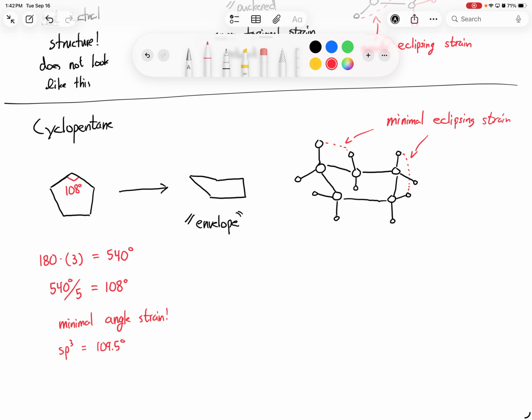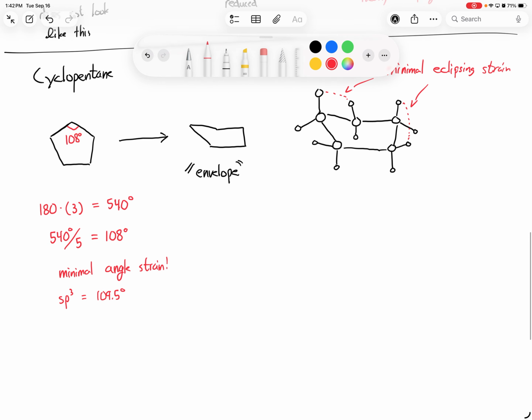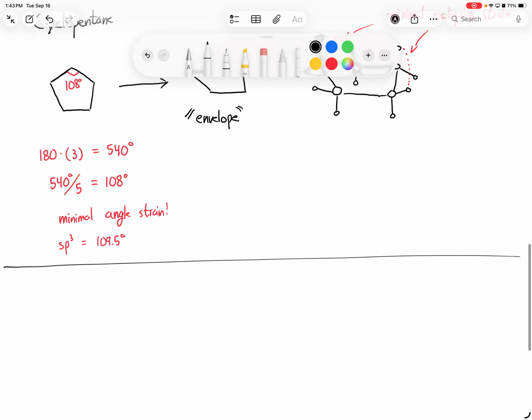There exists a structure, not cyclopentane, that is better and has virtually no strain. Which one is that? Cyclohexane. A lot of people don't like cyclohexane, and that's because you have to draw chair structures.